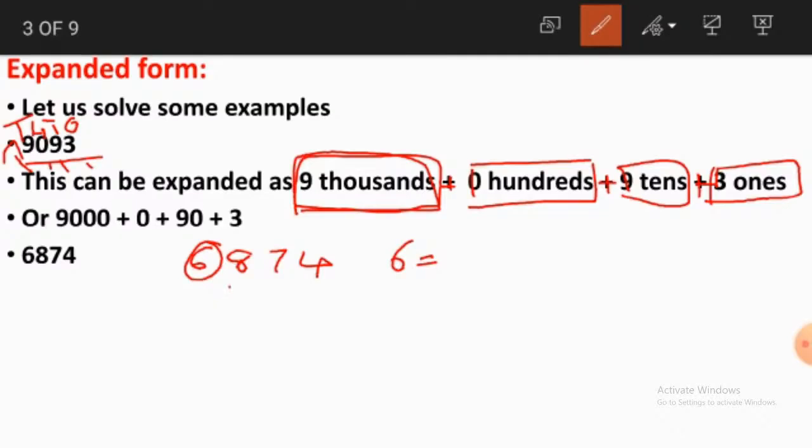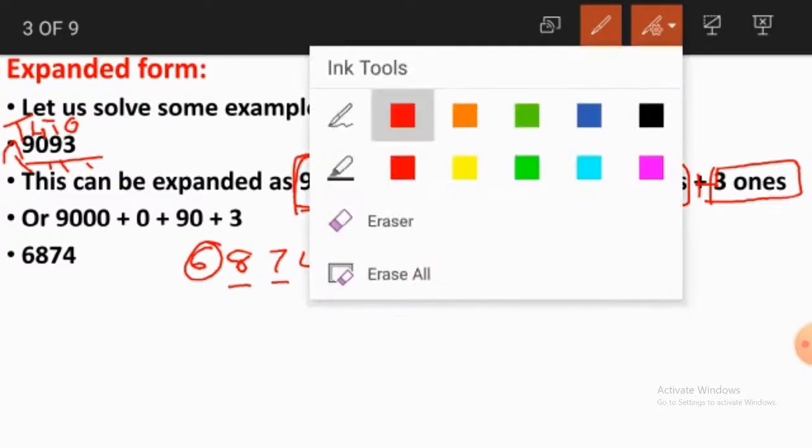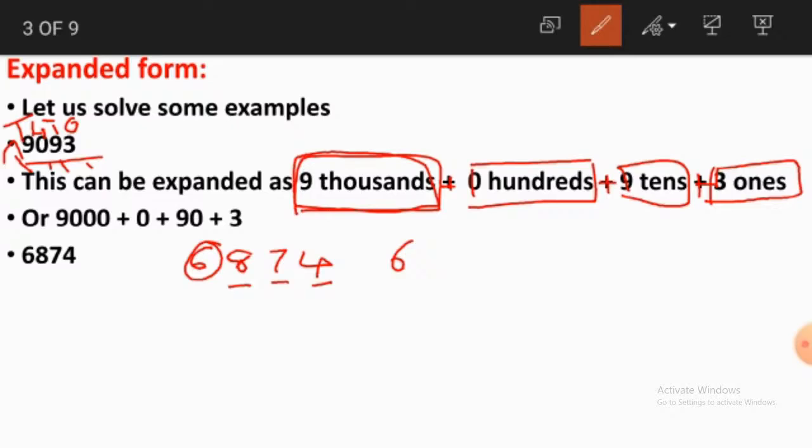Now after 6, how many digits do we have? We have 3 digits. So write 6 as 6000. After 6 we are having 3 digits. So we have placed 3 zeros here.